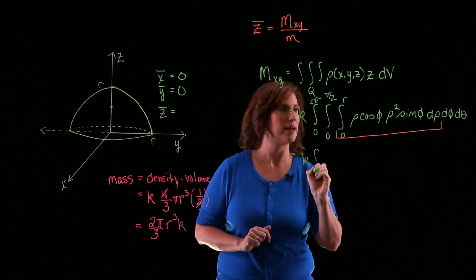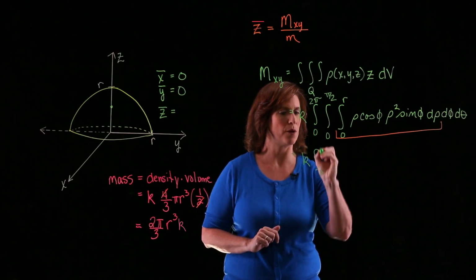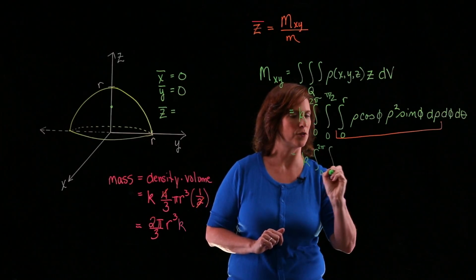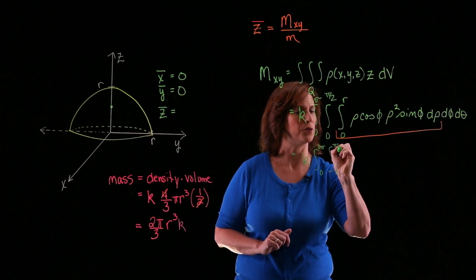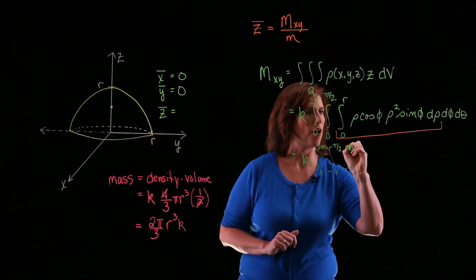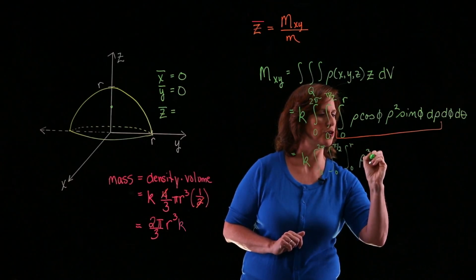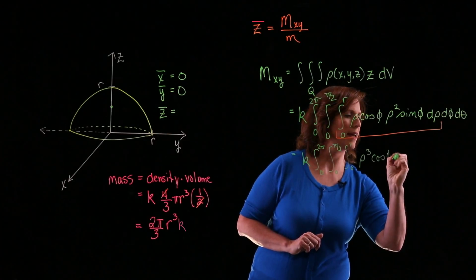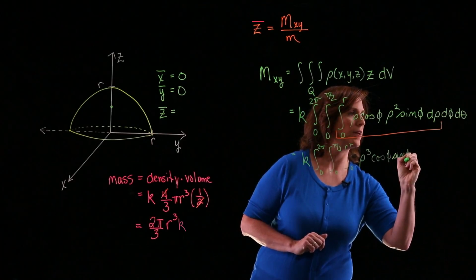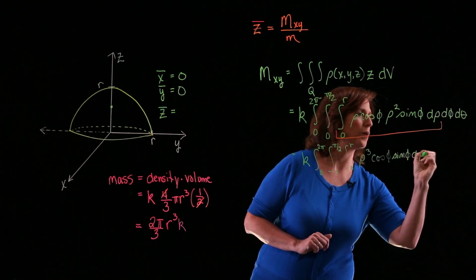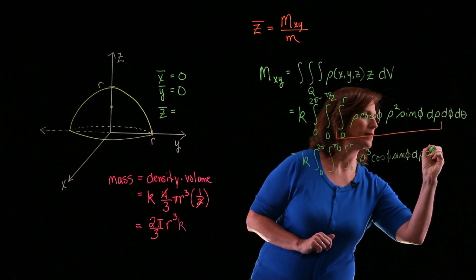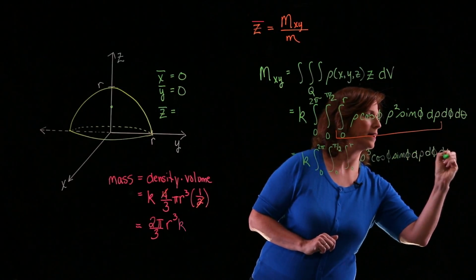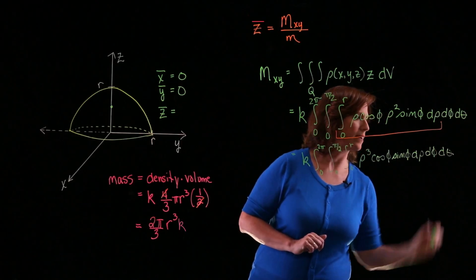So I'll have a k times the integral from 0 to 2 pi, the integral from 0 to pi over 2, the integral from 0 to r of rho cubed cosine phi sine phi d rho d phi d theta.